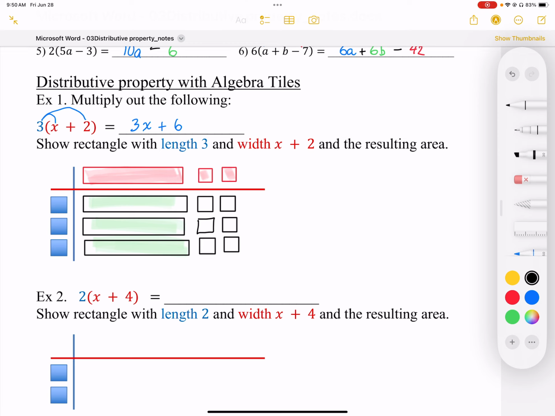So we're going to get 6 ones that give us the area that we're looking for. Okay, and notice that that gave us our 6 here. And we can see that that's when we distributed a 3 onto the 2 ones here. Okay, so that's 3 times 2 and gives us this area of 6.